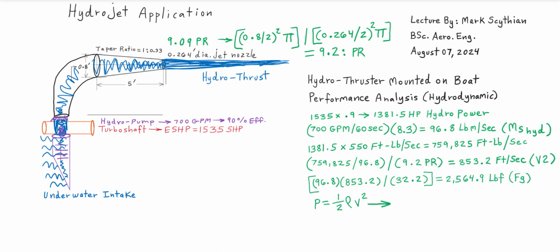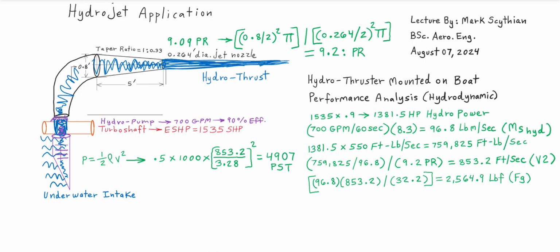Then the relationship between pressure and velocity is 1/2 rho V squared. So rho is the density of the fluid, in this case water. So using the metric system, that's 1,000 kilograms per cubic meter times 0.5, then times the 853.2 converted to meters per second divided into 3.28, then that quantity squared.